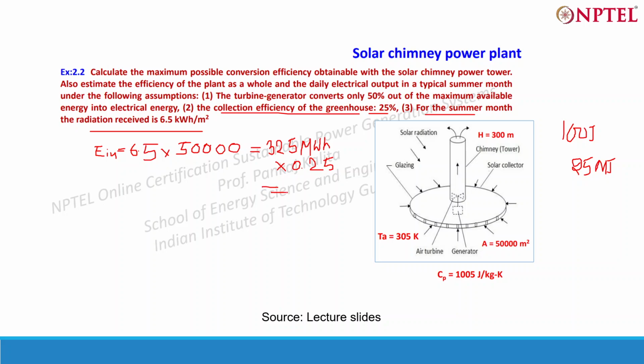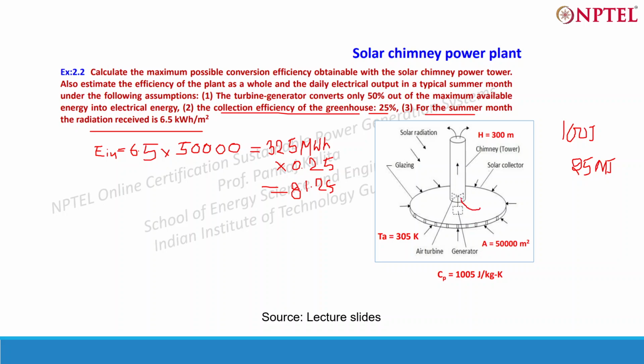So you multiply it with 0.25, and it comes out to 81.25 megawatt hour units you can write. Now 81.25 is the energy available with the greenhouse gas which traps the solar radiation.